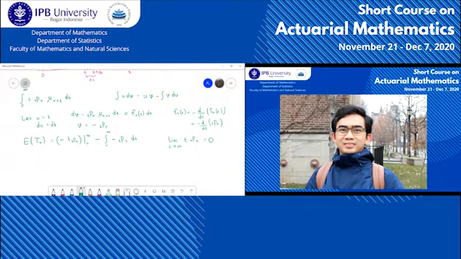So this one is 0, plus the integral from 0 to infinity of tpx dt. Okay, so we have the expression: the mean of Tx is equal to the integral from 0 to infinity of tpx dt.